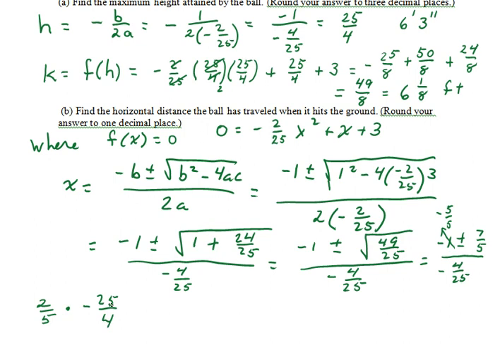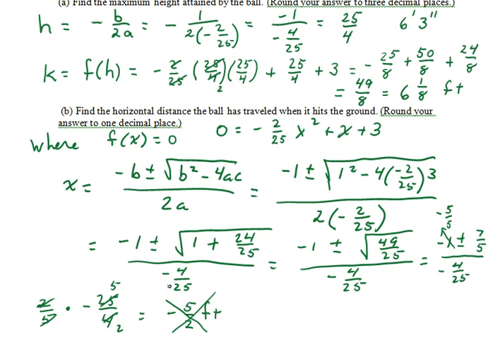The 2/5 comes from -5/5 plus 7/5. We have some canceling that can occur. So one of the possible solutions appears to be -5/2 or -2.5 feet before the ball was thrown. In this application, that doesn't make any sense. So it might work mathematically, but not in the application.